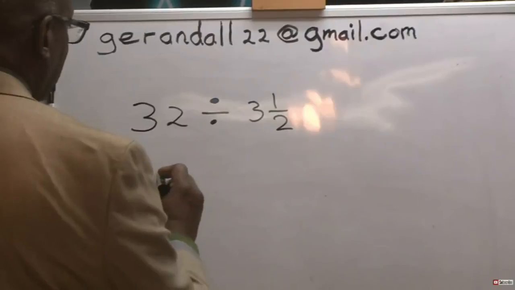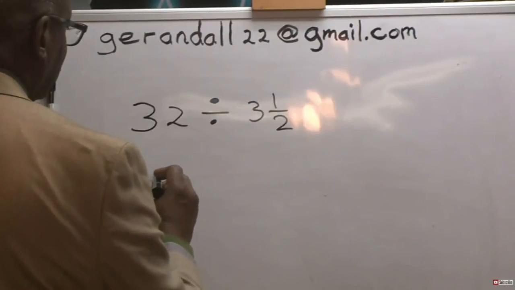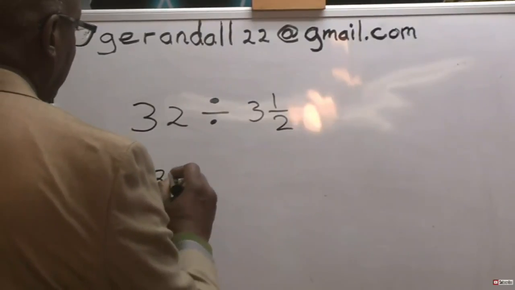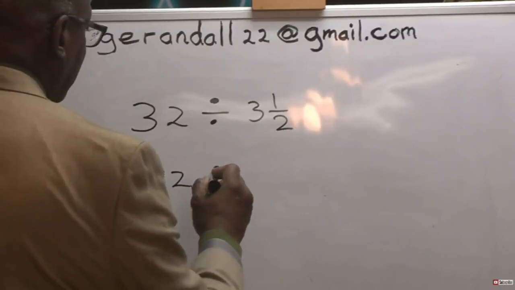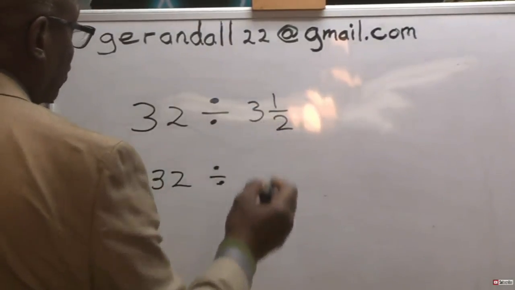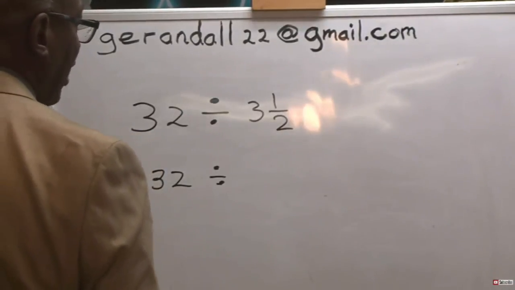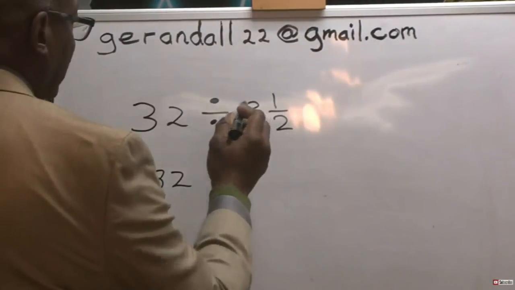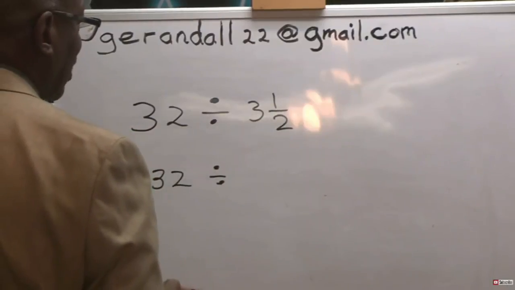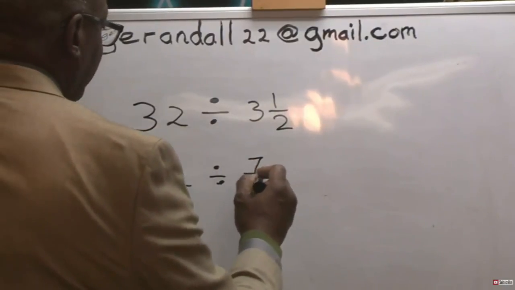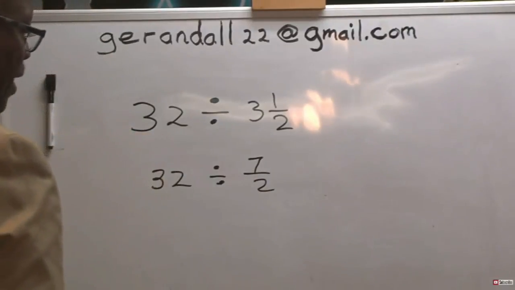Okay. So the division says 32 divided by, and we're going to convert this mixed number into an improper fraction. 2 times 3 is 6 plus 1 is 7 over 2.